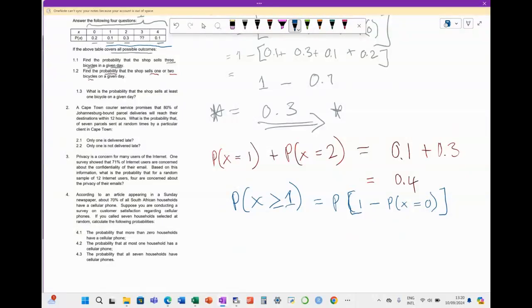try that approach. So here we're then saying, what is the probability of 0? They've given it to us, which is 0.2. So 1 minus 0.2 is then going to give you 0.8. So the probability of x being equal to 1 or more, because they said at least.